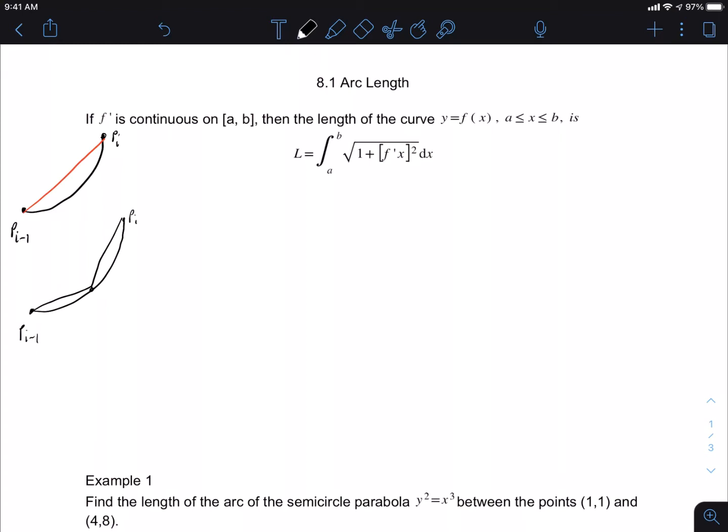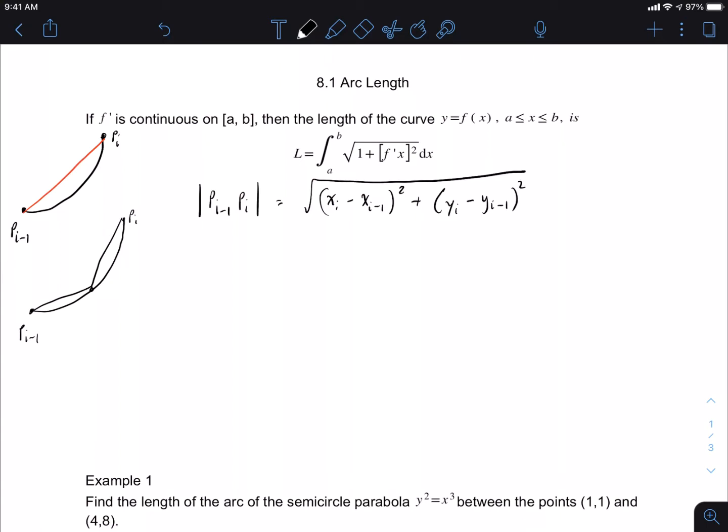So going back to geometry, we have what's called the ruler postulate. The ruler postulate tells us that the distance between 2 points is simply the square root of the differences of the coordinates, correct?